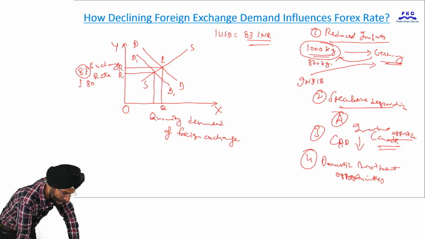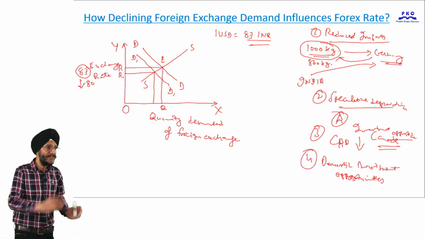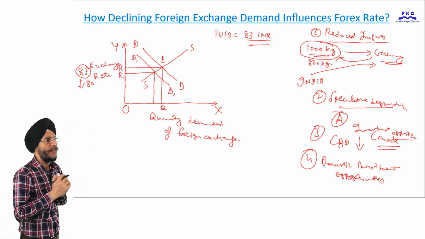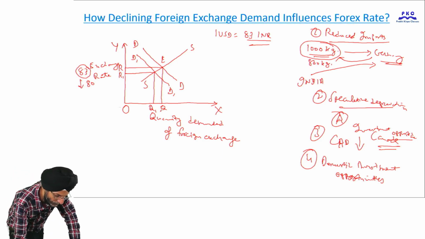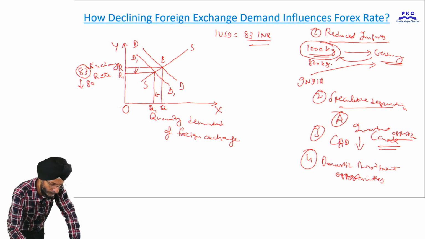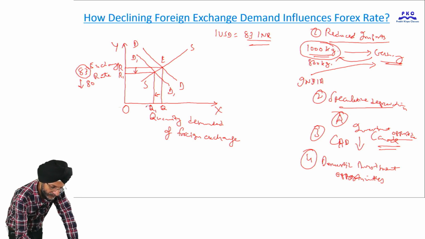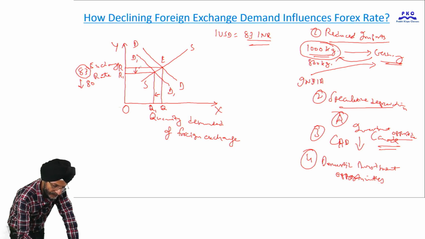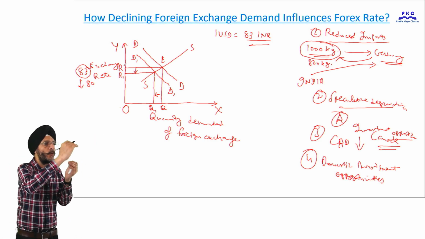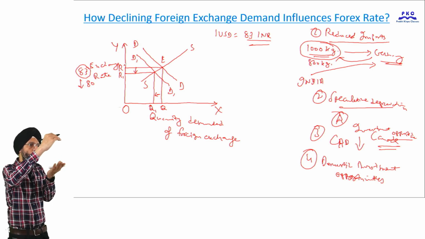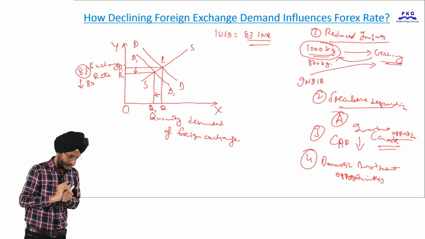What has happened? The exchange rate has decreased from 83 to 80. And the quantity demanded has reduced from OQ to OQ1. So you can see that when the quantity demanded has reduced from OQ to OQ1, in the same way the exchange rate has also decreased from OR to OR1, that is from 83 to 80.